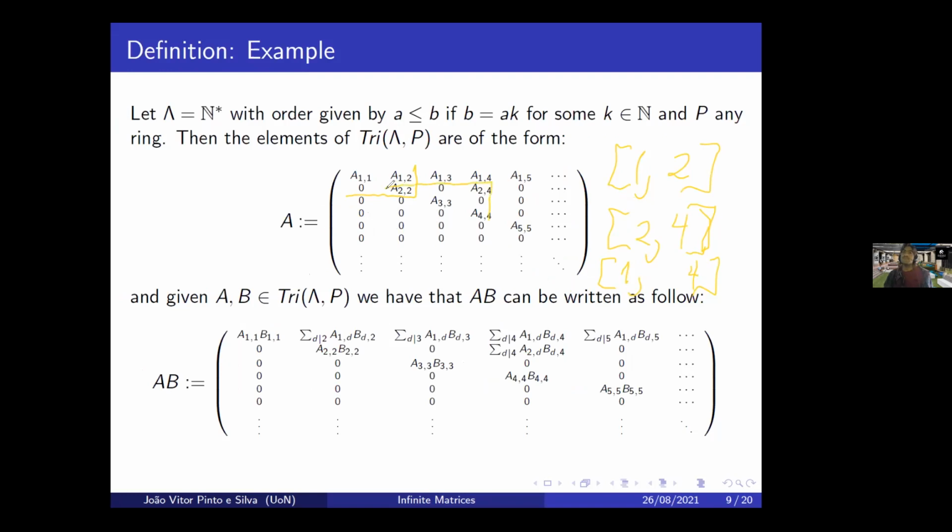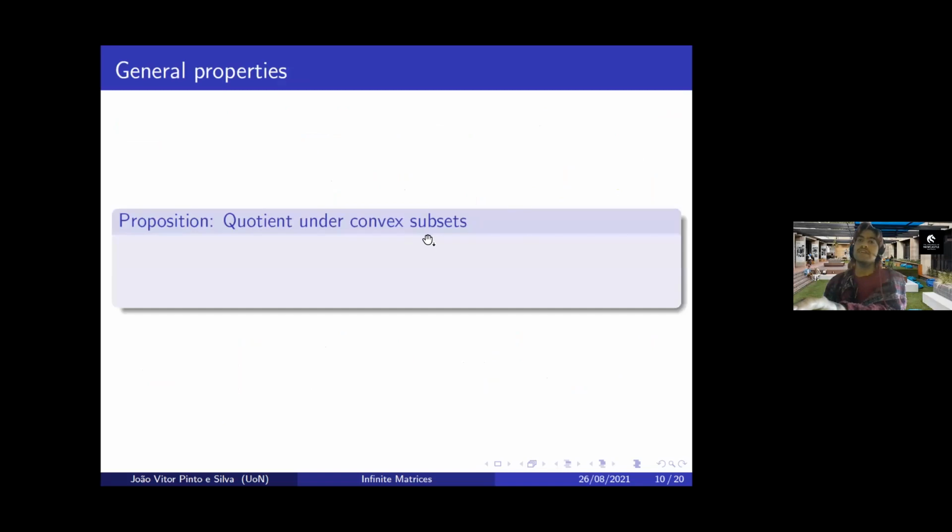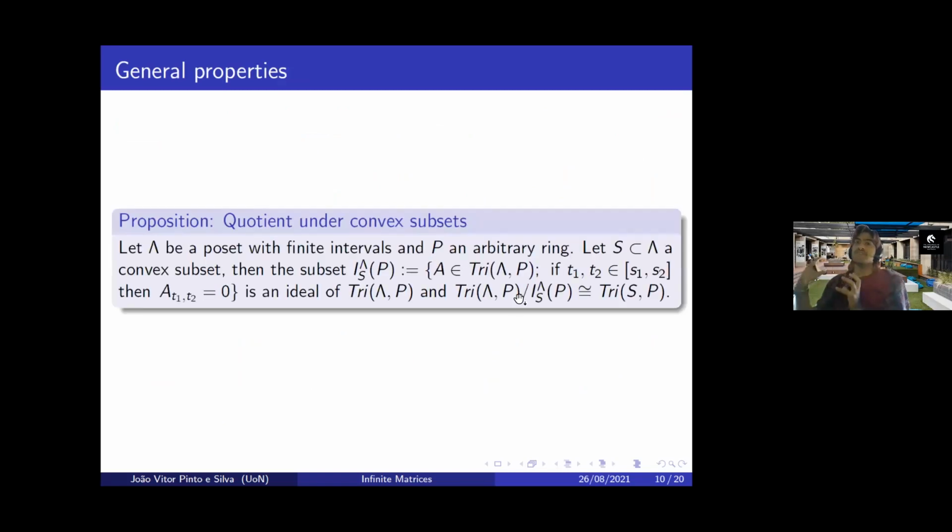So here the [2,4] will exclude this one, this coordinate would be 0. You would only have a 2 by 2 matrix. With this result, we can work the multiplication of our matrices in finite subsets if we make our convex set finite.